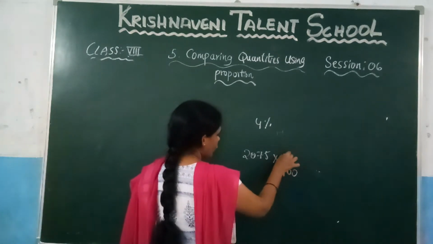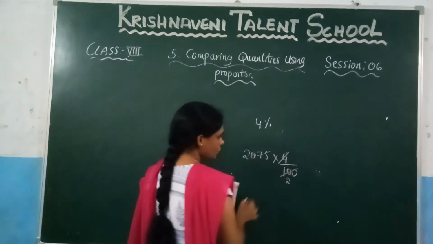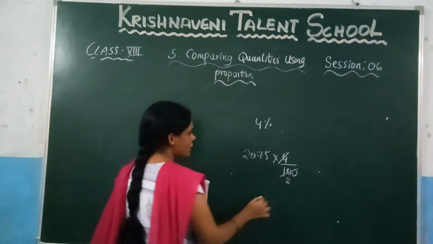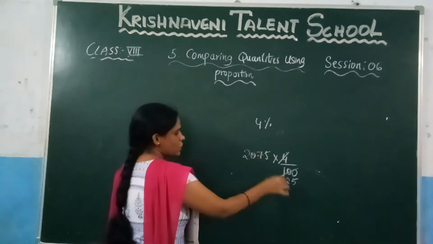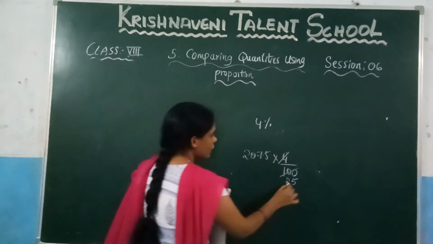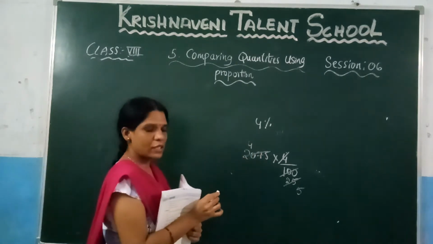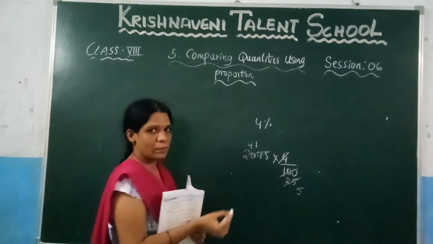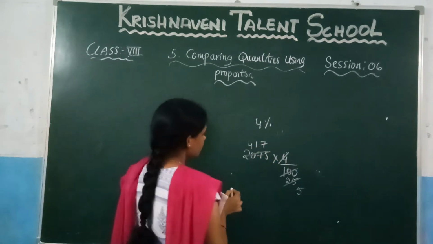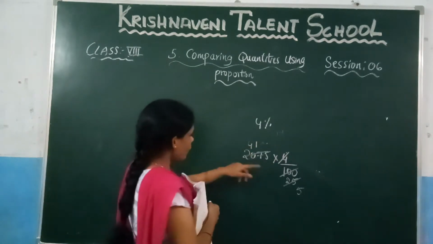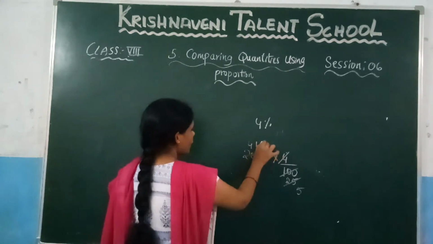You know that in 4 table these two will get cancelled, right? 4 2s are 8, 2 will be remaining. 4 5s are 20. Now in 5 table these two numbers will get cancelled, right? 5 5s are 25, 5 4s are 20 and 5 1s are 5, 3 will be remaining, 5 7s are 35, right? 5 4s are 20, 5 1s are 5, 2 will be remaining, 5 5s are 25.